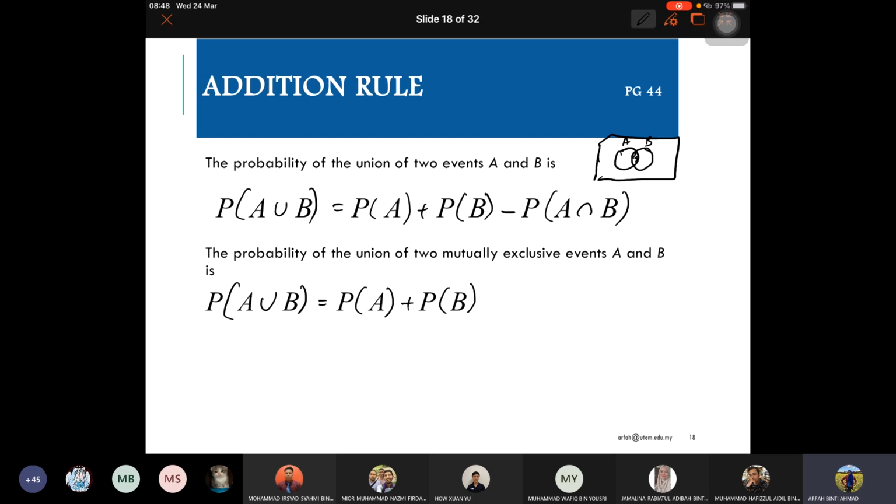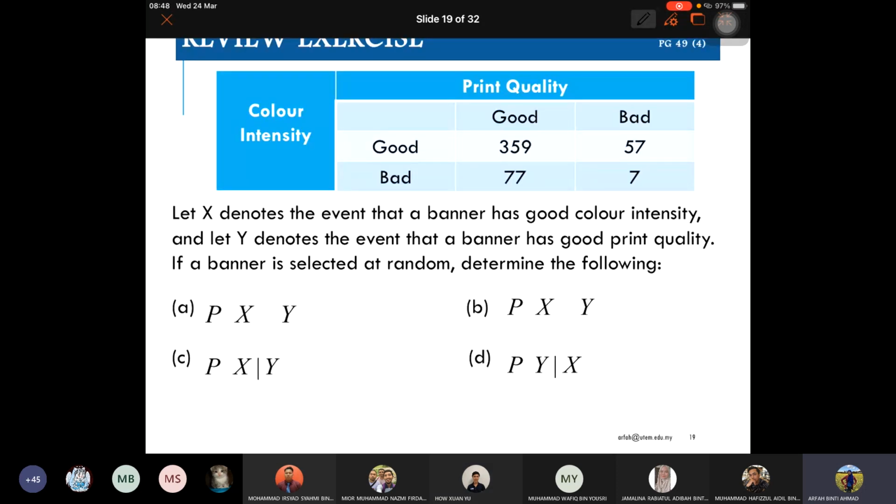Untuk mutually exclusive, this is for the case of no intersection between A and B. So if you want to find the union of two events, dapatkan hasil tambah of the probability for the two events. Done. Okay. So kita akan tengok example.